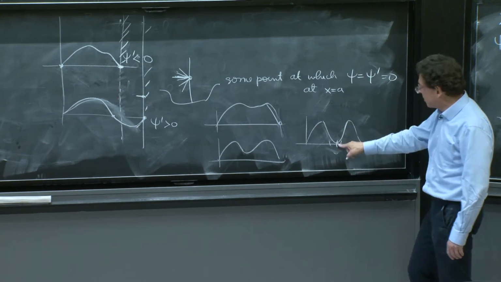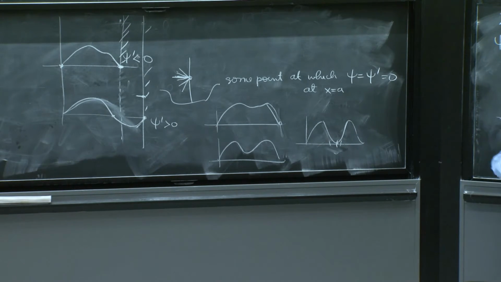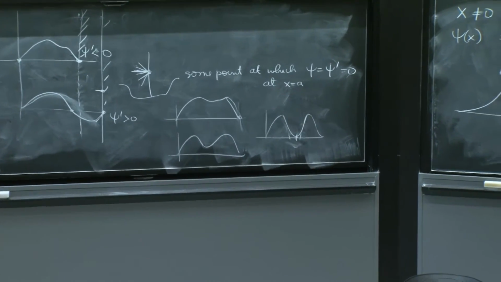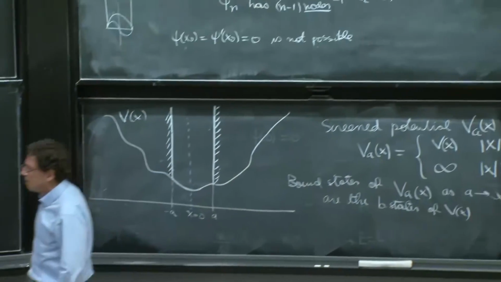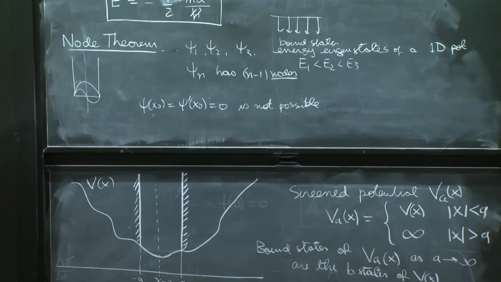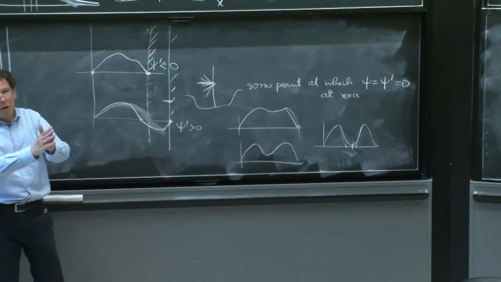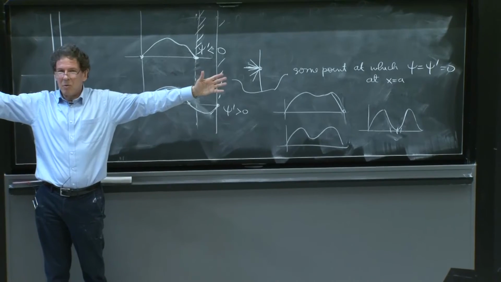But at this point, psi and psi prime would be 0. So you can intuitively convince yourself that this thing doesn't allow you to produce a node. So if you start with whatever wave function that has no nodes, as you increase the screen, you just can't produce a node. So the ground state of the whole big potential will have no nodes.